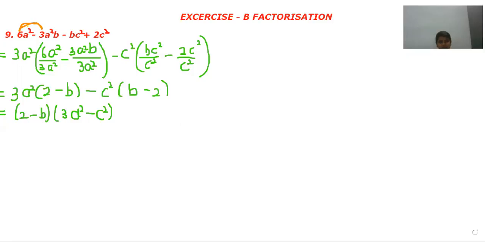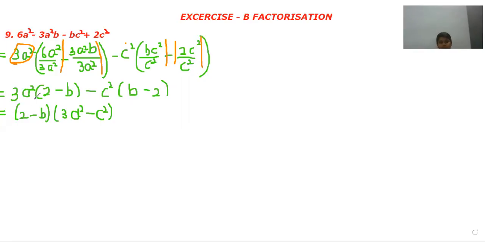So we can take 3 and a square, because a square is the same in both the terms. So this has become the common factor. Then we keep the same thing here and here also, c square, and here minus.